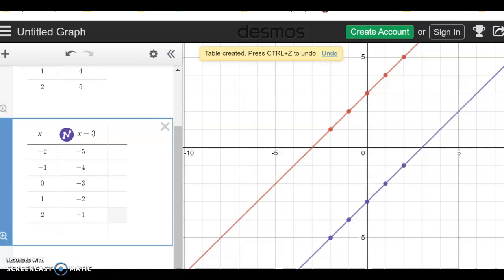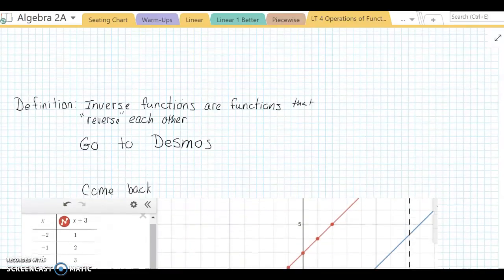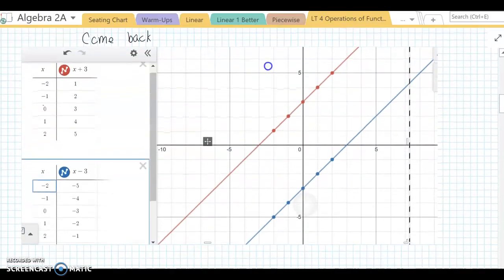Now, to mean they're opposites of each other, or what was the wording of it? They reverse each other. So let's take a look at this one right here.